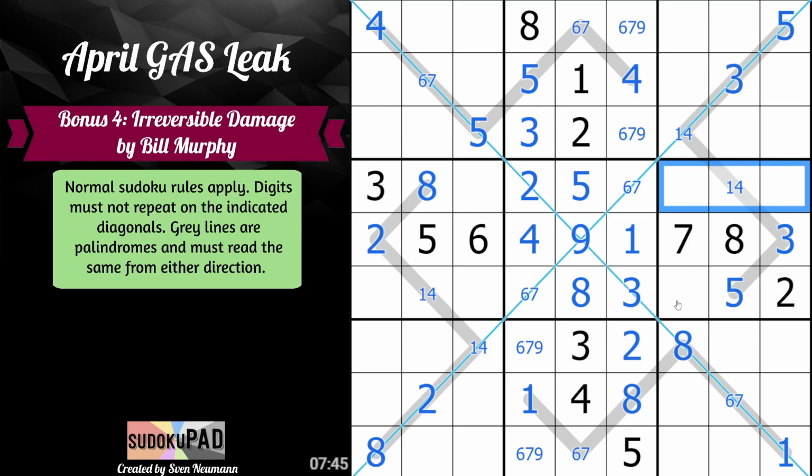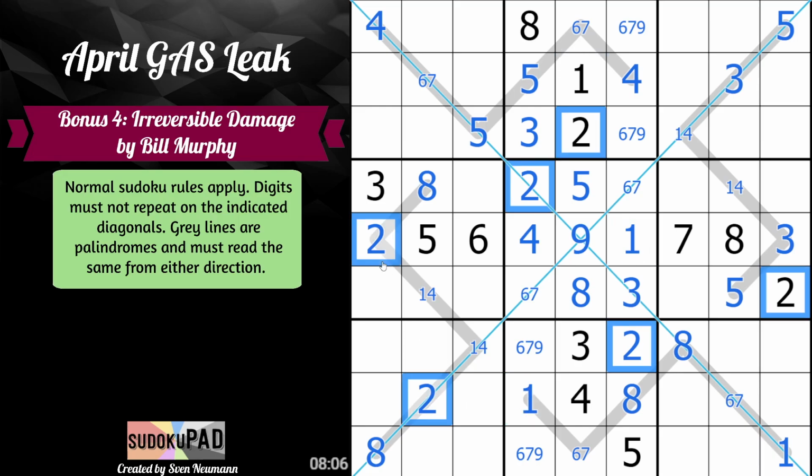1, 4, 6, 9. And this is 1, 4, 7, 9. 1, 4, 9 is the common denominator. But what does that actually do? Sudoku 1, 2.